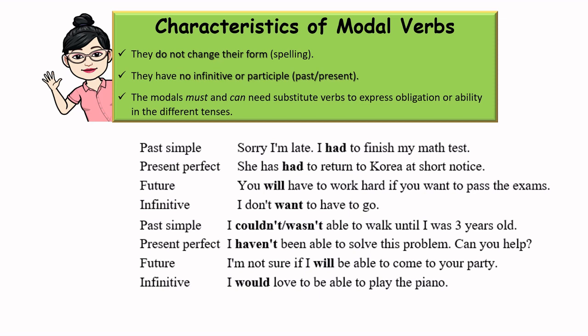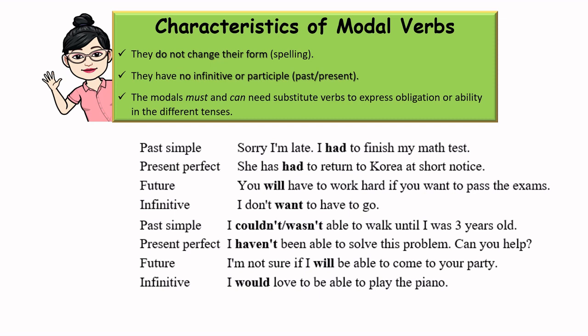Past simple. Sorry I'm late. I had to finish my math test. Present perfect. She has had to return to Korea at short notice. Future. You will have to work hard if you want to pass the exams. Infinitive. I don't want to have to go.